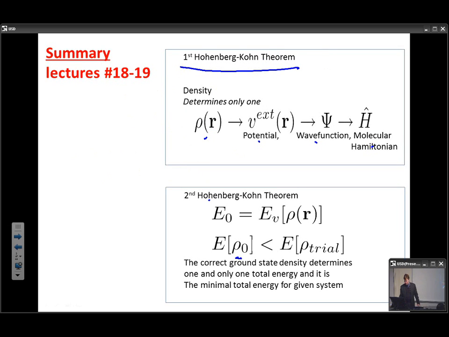Here I just recall that in the 2 previous lectures we overviewed the theorems that density determines everything and that ground state density provides minimal energy, right? But the difficulty with those theorems is that this dependence of energy as a functional of density is not known. It has been proved that it does exist, but it is not known.